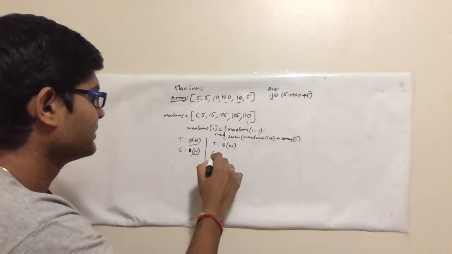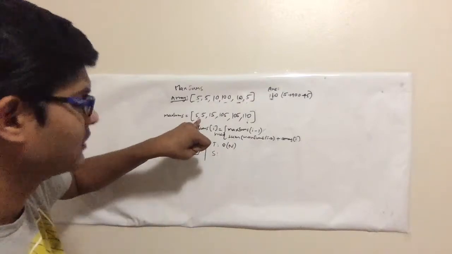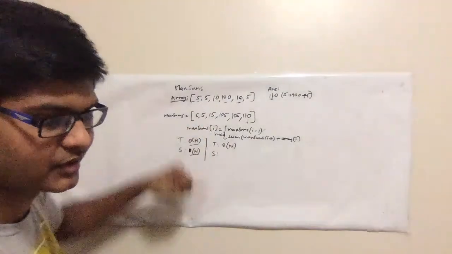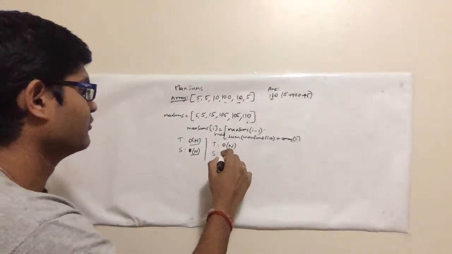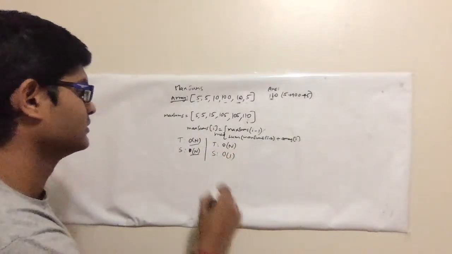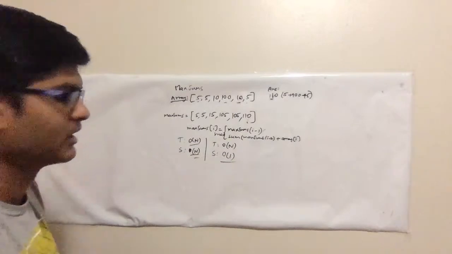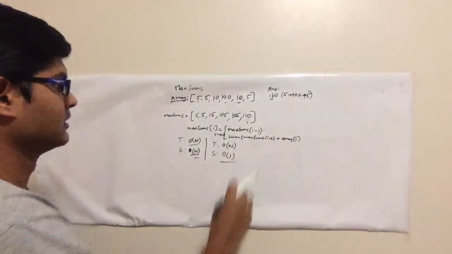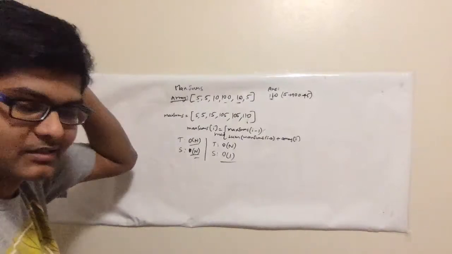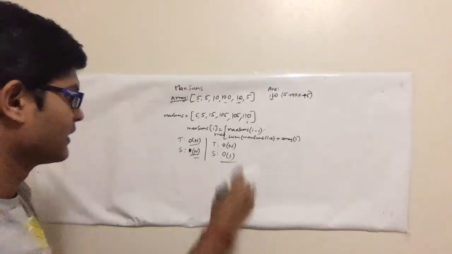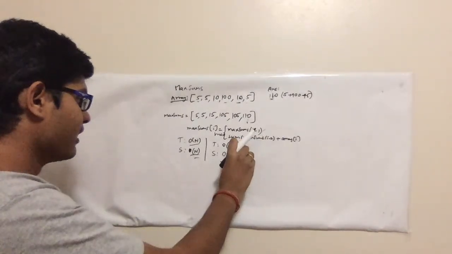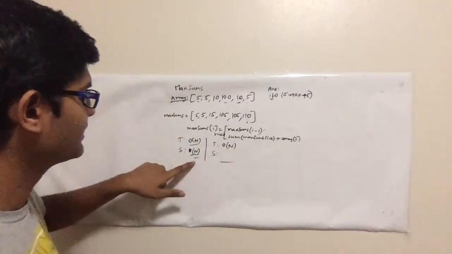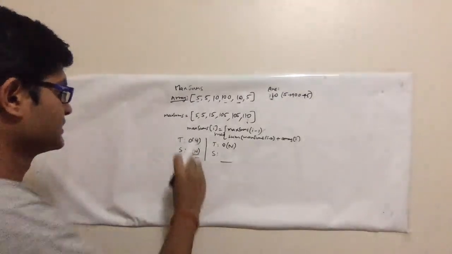But for the space complexity, because we are not going to create a new maximum sums array, it would obviously be big O of 1. So this is a little bit better in terms of space. Now we can go to the implementation. First, I will implement this and later this part.